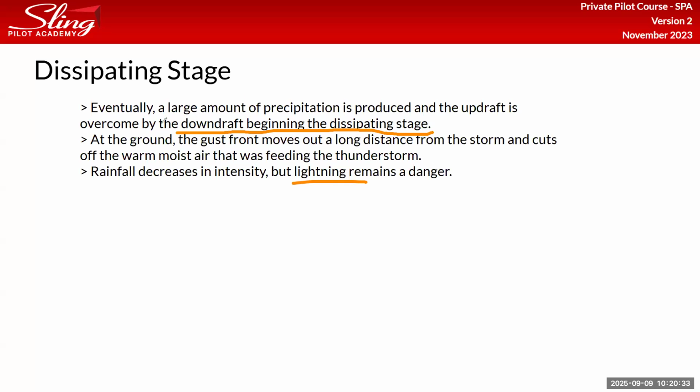But downdrafts are what characterizes a dissipating stage. The updraft is overcome by the downdrafts that start at the dissipating, okay? Updraft, precipitation, downdraft for all of these.